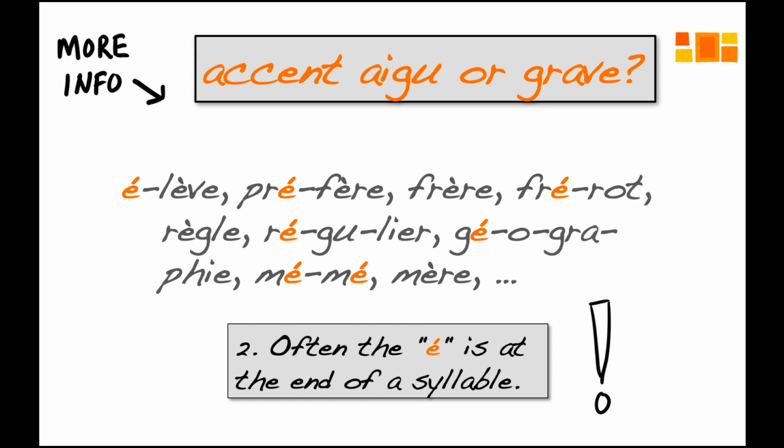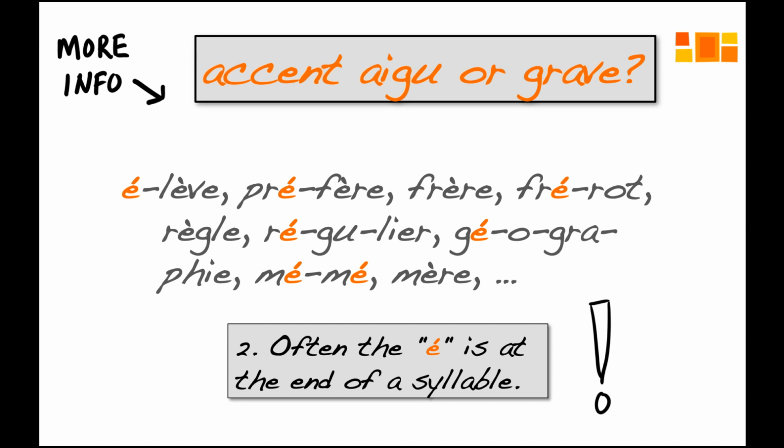Frérot. Now, all of a sudden, the E accent aigu is the end of a syllable. Frère becomes frérot. You have la règle. Règle, the L is at the end of a syllable. But you have régulier. You have géographie, G, end of a syllable, accent aigu.